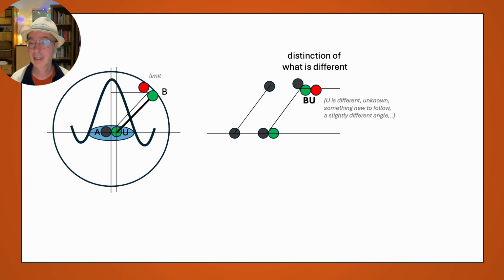So it is a distinction of what is different, and in a way it's also different from what I know, so it is also actually more like what I don't know. So I'm going to follow and try to make a distinction in what I don't know. That's the starting point of BU a little bit.